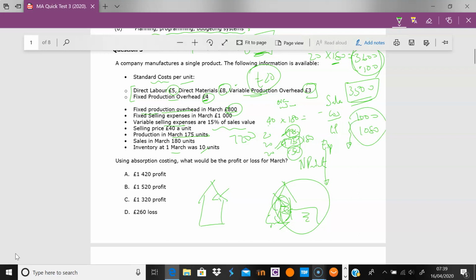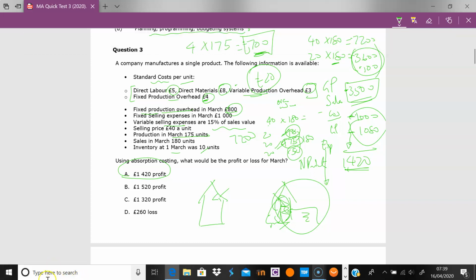Yes, and so I now have 3,500 minus 1,000 minus 1,080, which gives me a profit of 1,420. So 3,500, which is my gross profit, minus these two costs gives me 1,420. Okay, great. So the answer there is A. Let's move on to the next one.